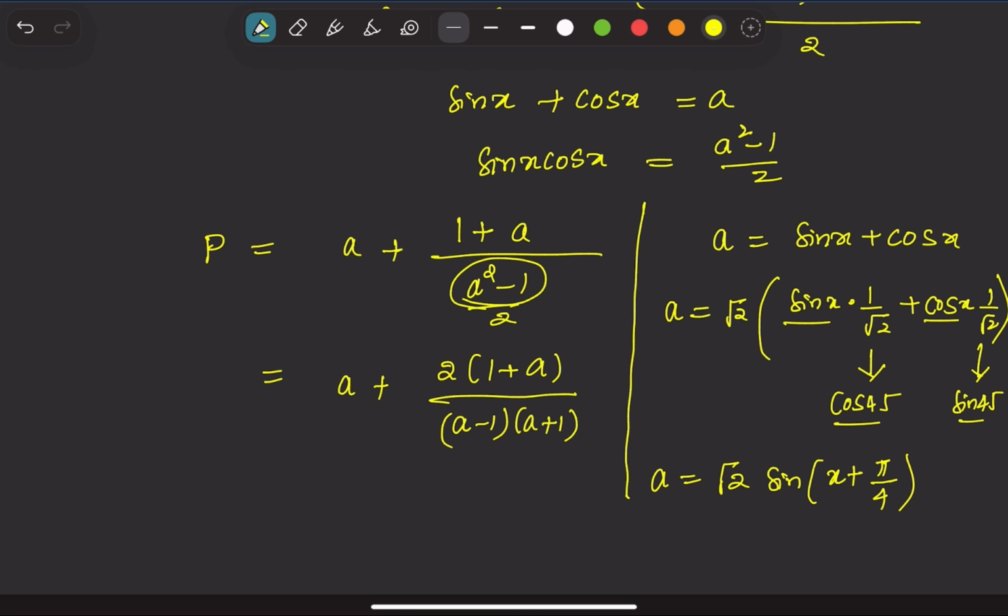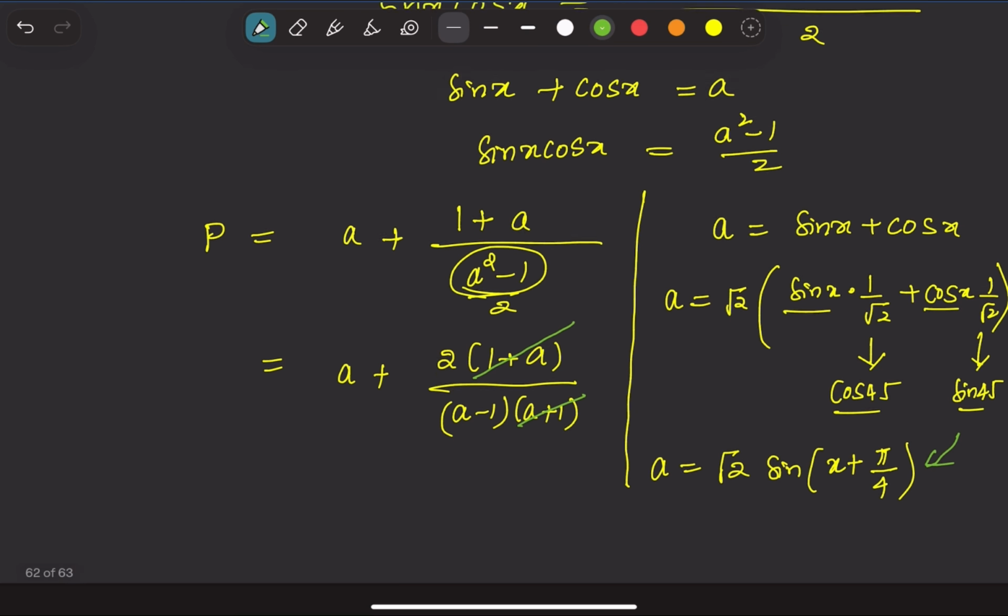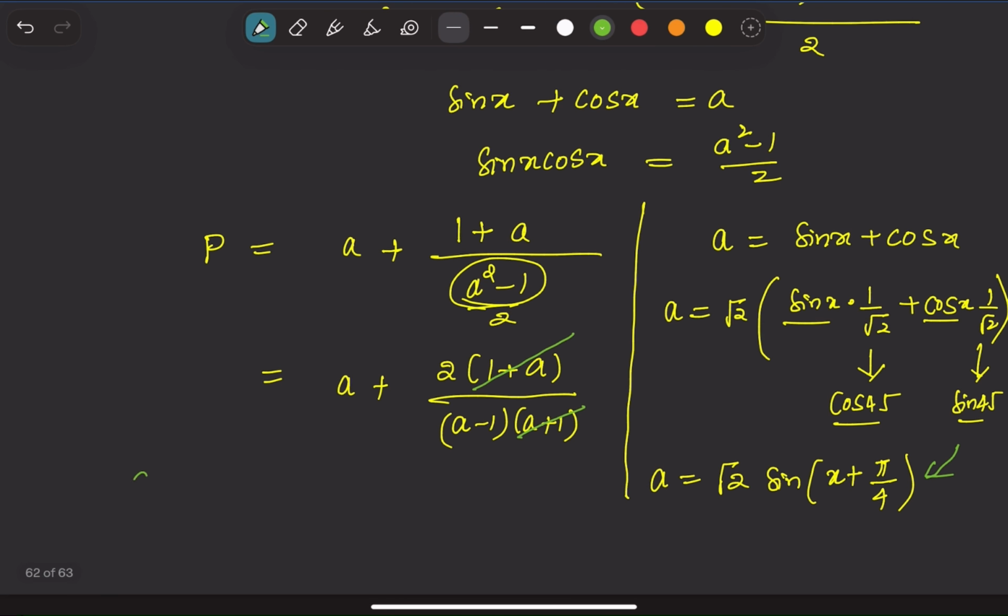Now the reason why I have done all of this is to show that you can safely cancel a plus 1 and a plus 1, because you can do the cancellation only when a is not equal to minus 1.